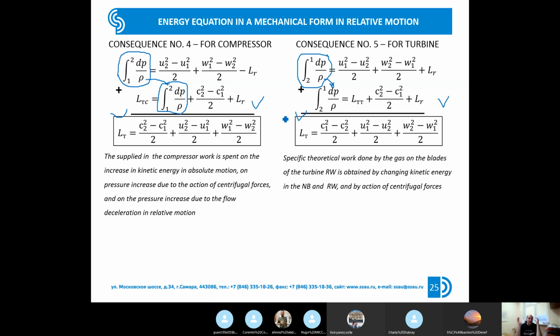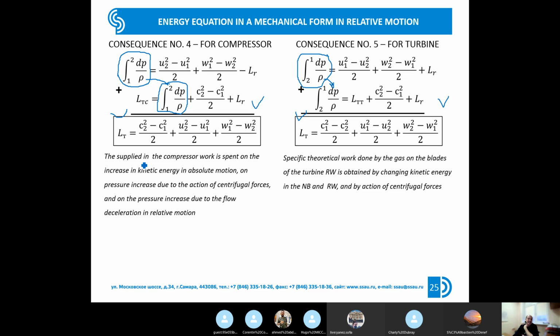What could we find if we look carefully at this equation? First of all, let's try to simply read the information which is set in this equation. Let's discuss the equation for the compressor.